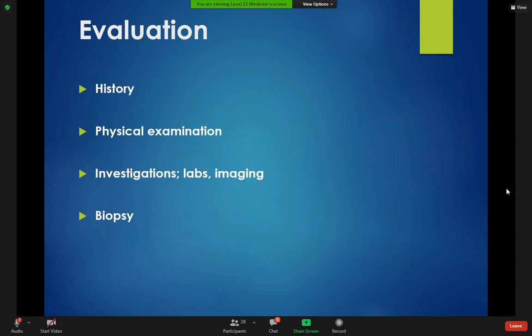So if a child comes with leg pain, no trauma, you go into details, the red flags, any night pain, which could be the key point in suspecting that this patient might have a tumor. So if the child has night pain, you have to investigate that further.